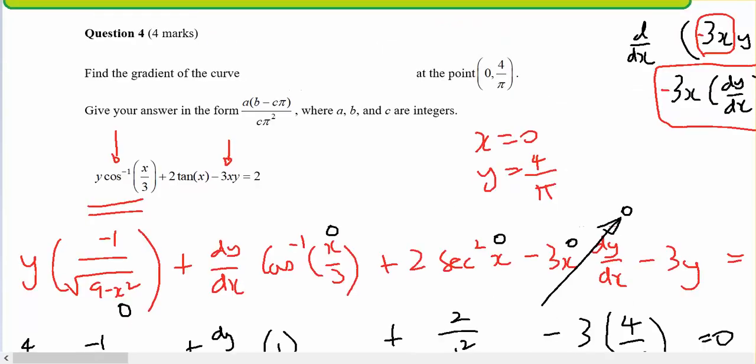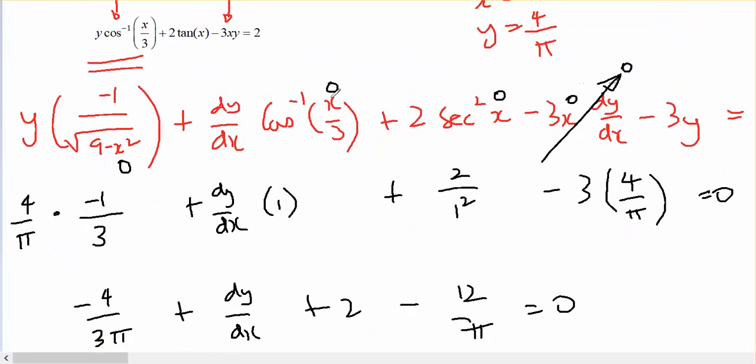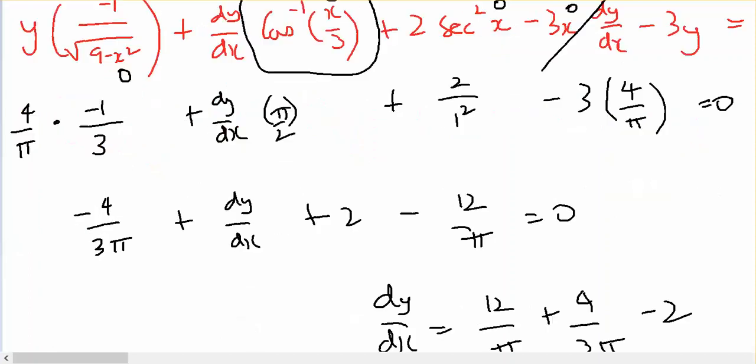I think I spotted an error. The inverse cosine of 0, cos will be 0 at pi on 2, so that's actually pi on 2. Sorry about that.